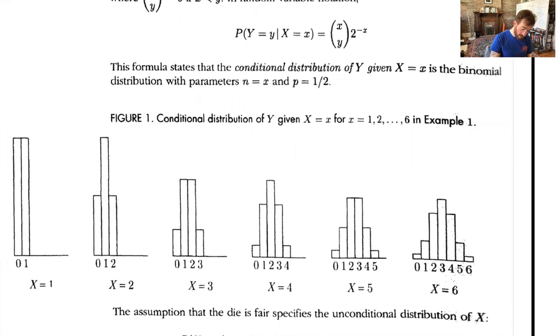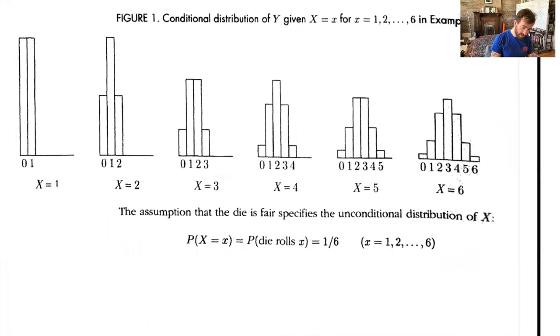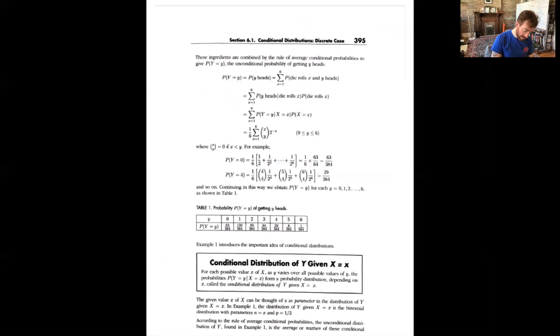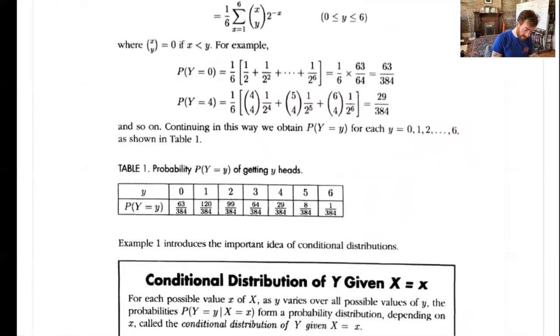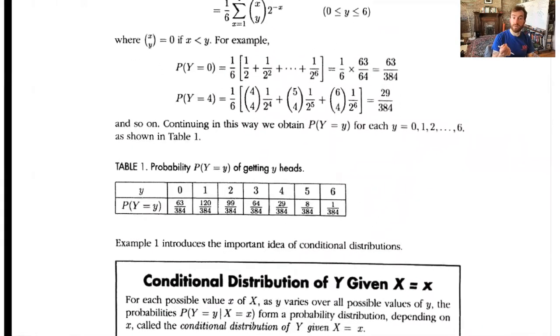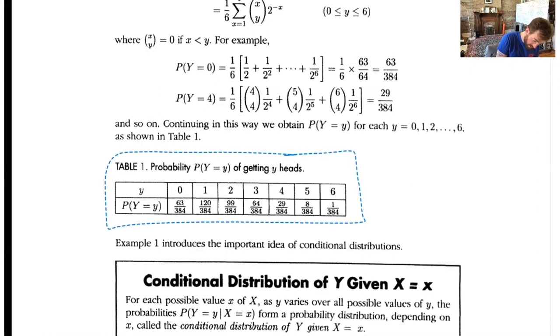Now, when we're trying to compute the probability of getting a certain number of heads where we don't know the value of X, we need to accumulate for all the possible ways that X could be. So if you run through the calculation here, we end up getting this value.